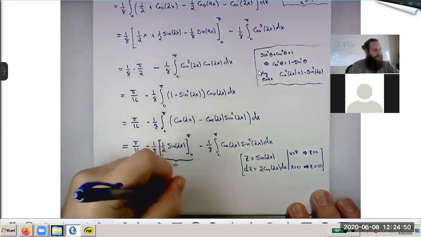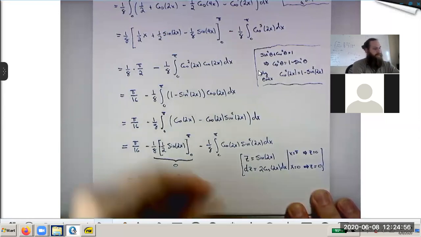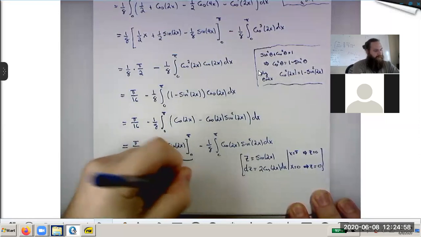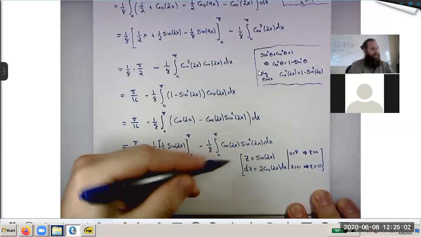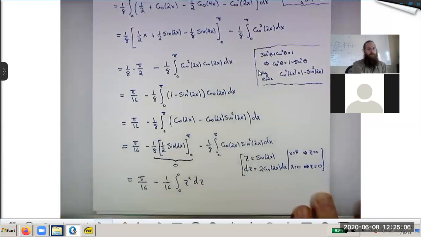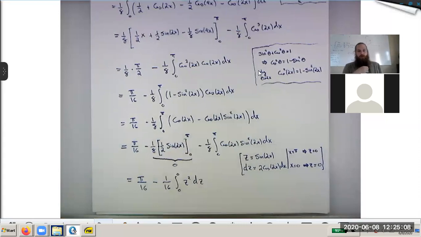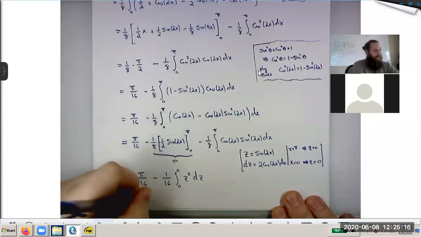Because it's multiplying the integral from 0 to 0 of sine 2x, z, so that's z squared. And then cos 2x dx, that's 1/2 dz, that's where the 16 is coming from here. But of course, the integral from 0 to 0 of z squared is 0. So this whole apparatus is just pi over 16.